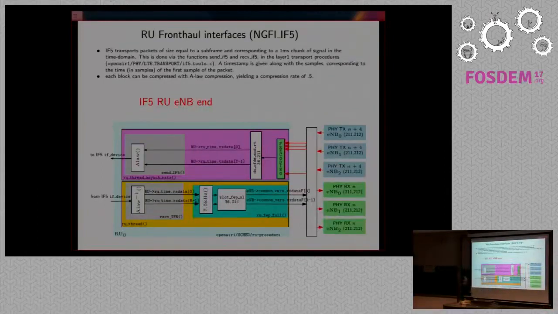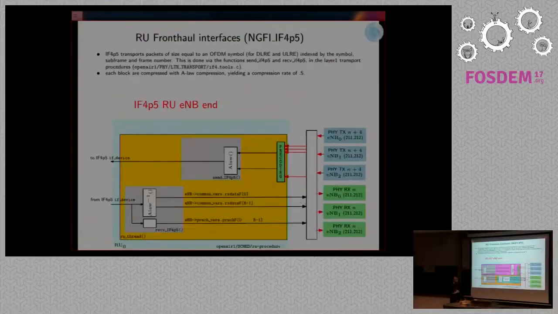Right? So this is the front end of a base station. In the other direction, when we're transmitting from the protocol context, it goes into a block which does pre-coding. It does conversion from frequency to time, and then it compresses. So this is what happens in the radio unit on the side of the protocol.